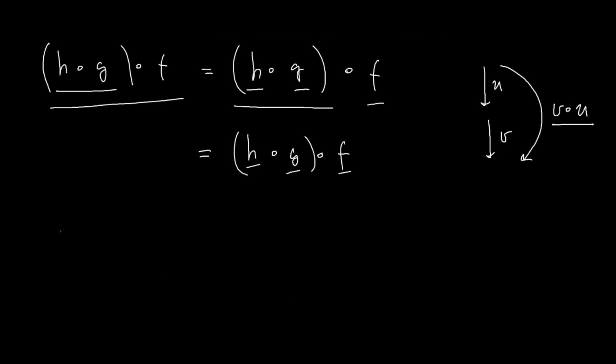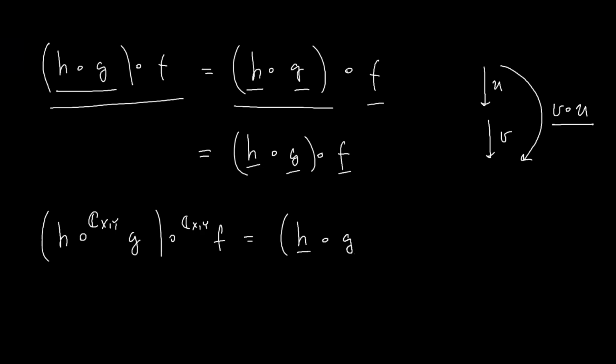So let's first write this in the form of H composed inside the category C_XY. This is the composition of that category with G, and then composed in the same category with F. So what is that equal to? This expression is given by H underline composed with G underline in the original category C.